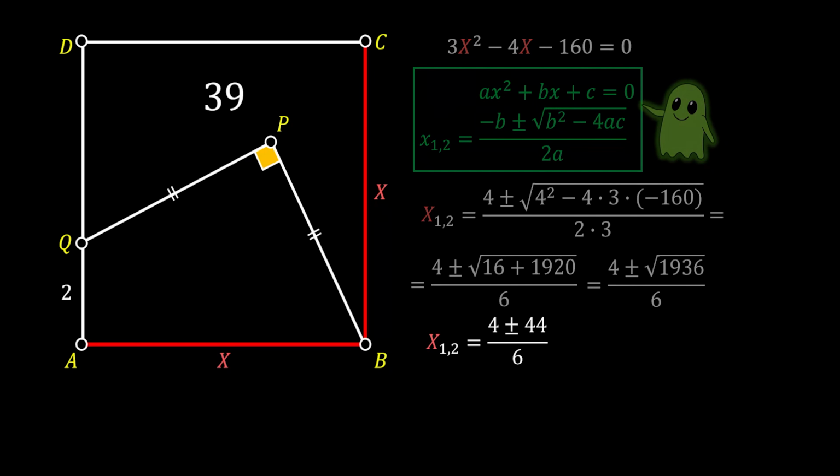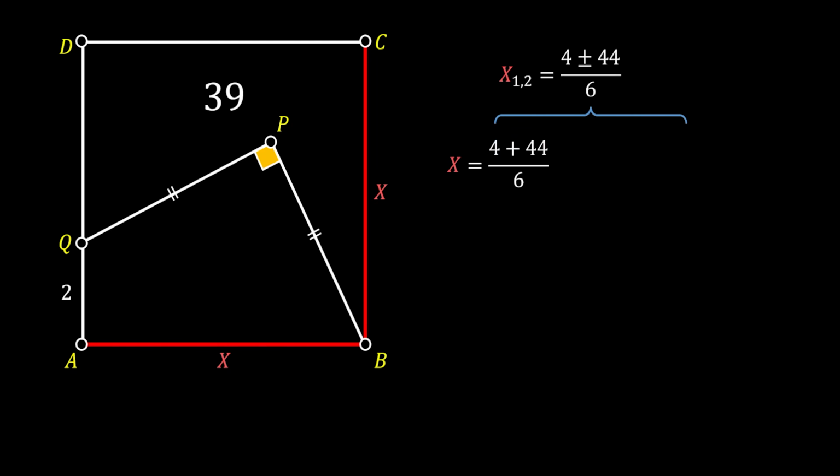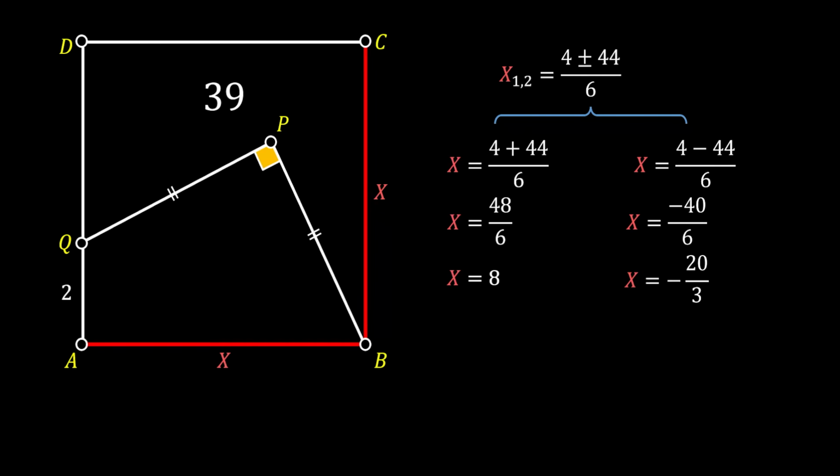Alright, so now let's clear the image once again, and from this we have two possible solutions for x. The first one is that x equals 4 plus 44 over 6, so this is 48 over 6, and x equals 8. And the other one is that x equals 4 minus 44 over 6, so that is minus 40 over 6 or minus 20 over 3.